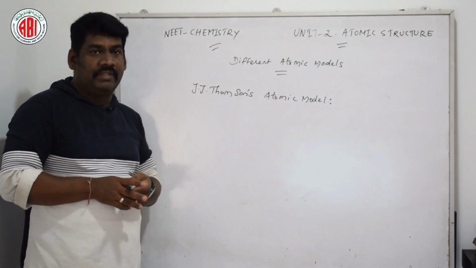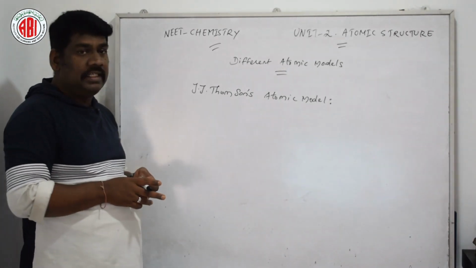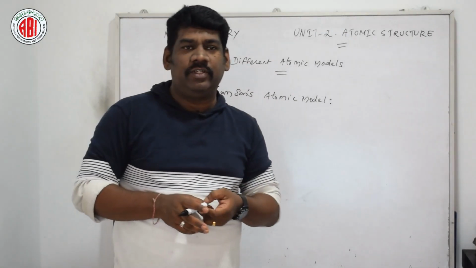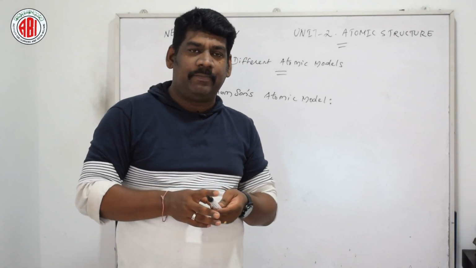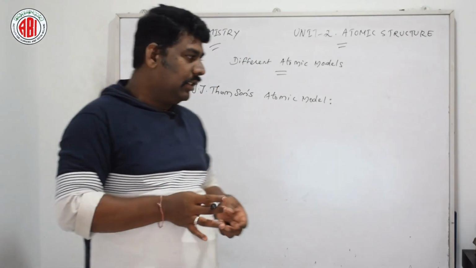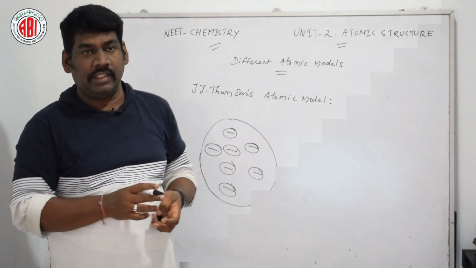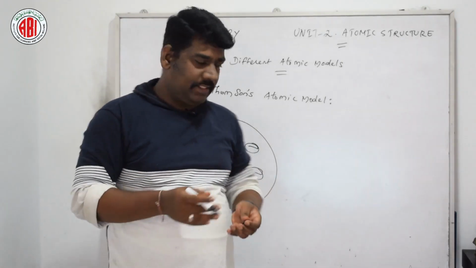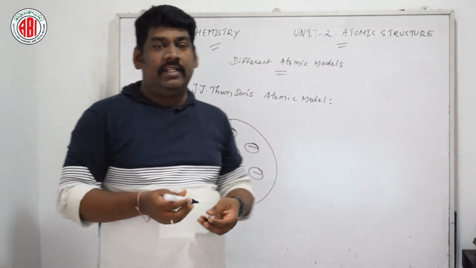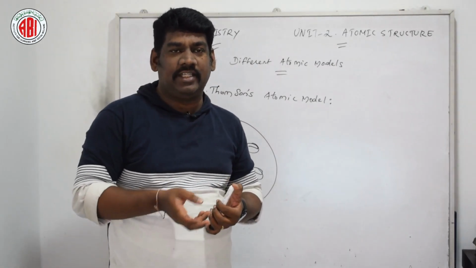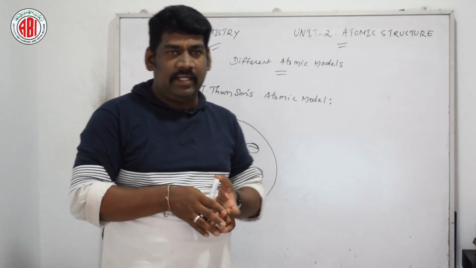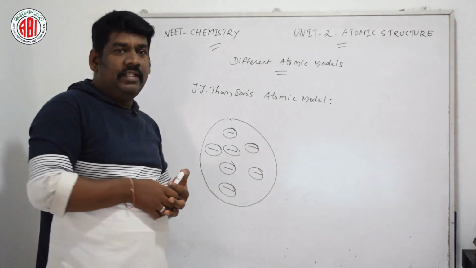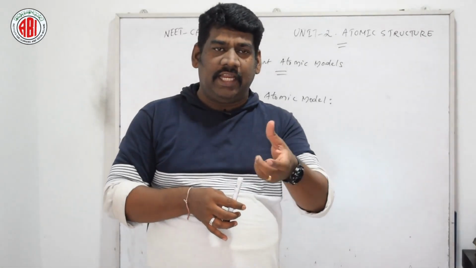The first thing is that he believed the atom consists of a uniform sphere in which the positive charges are uniformly distributed, and the electrons are embedded in it. That looks like the most stable electrostatic arrangement.